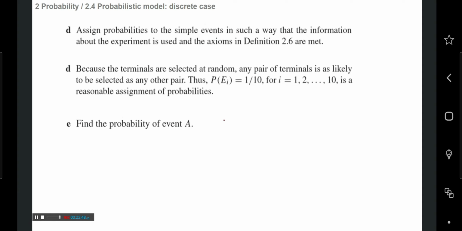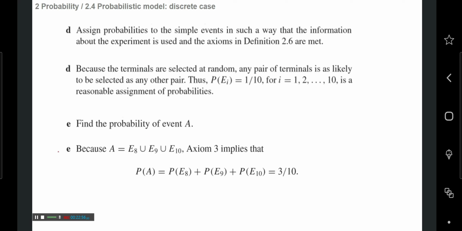Problem E: find the probability of event A. A is the union of E8, E9, and E10. By axiom 3, the probability of A equals the probability of E8 plus the probability of E9 plus the probability of E10.